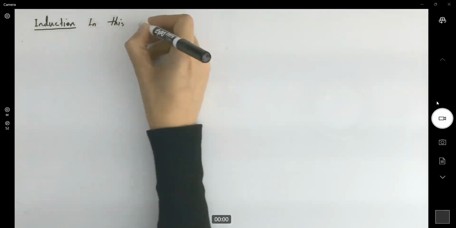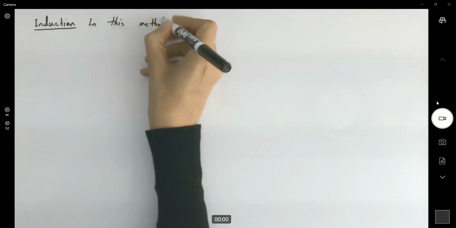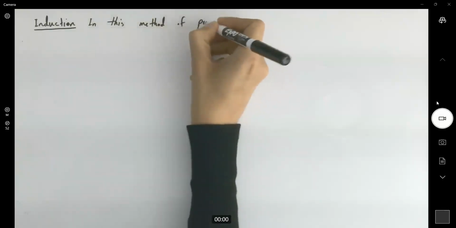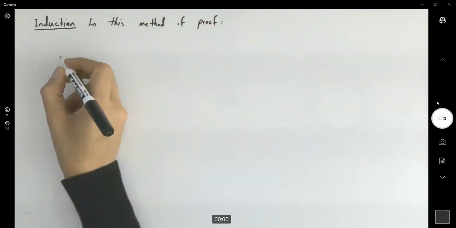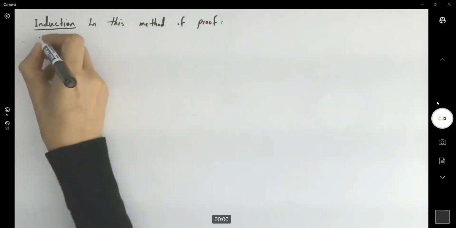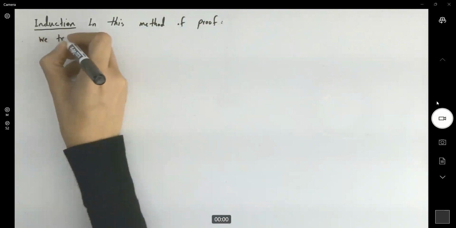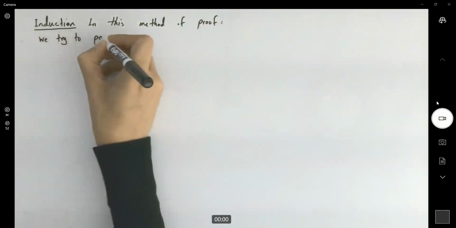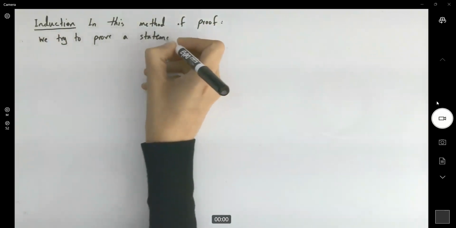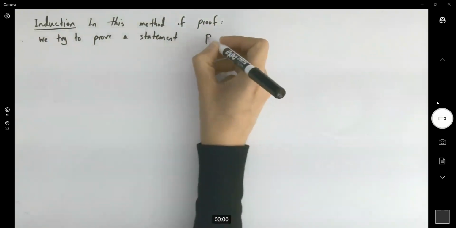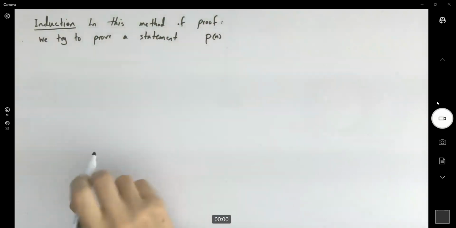In this method of proof, you're going to deal with a statement. We try to prove a statement like P of n.